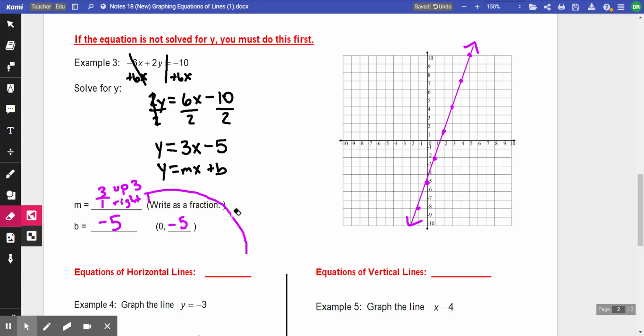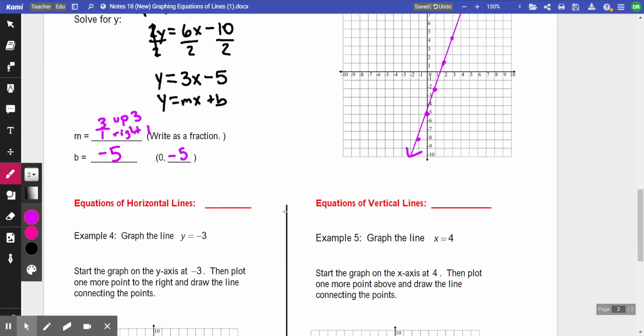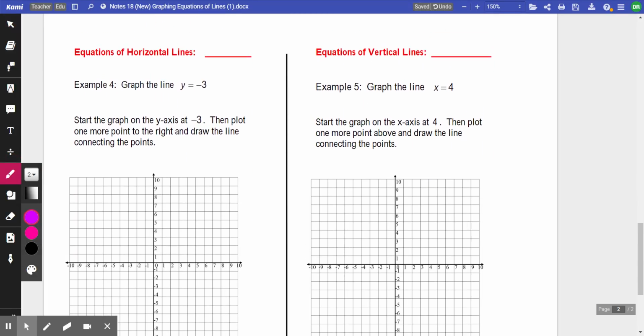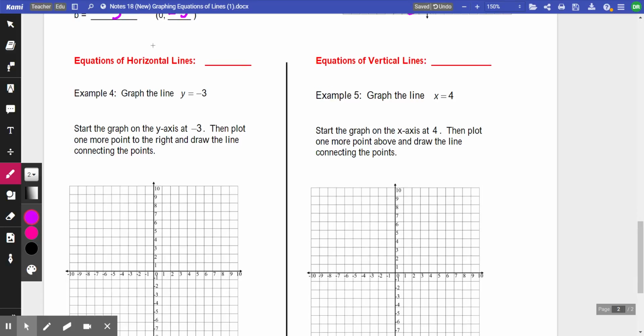All right, next ones, these other special types of lines. Okay, so for these special types of lines, horizontal lines and vertical lines. So a horizontal line, okay, remember that a horizontal line always goes from left to right. Doesn't go up or down any, it goes straight left to right.